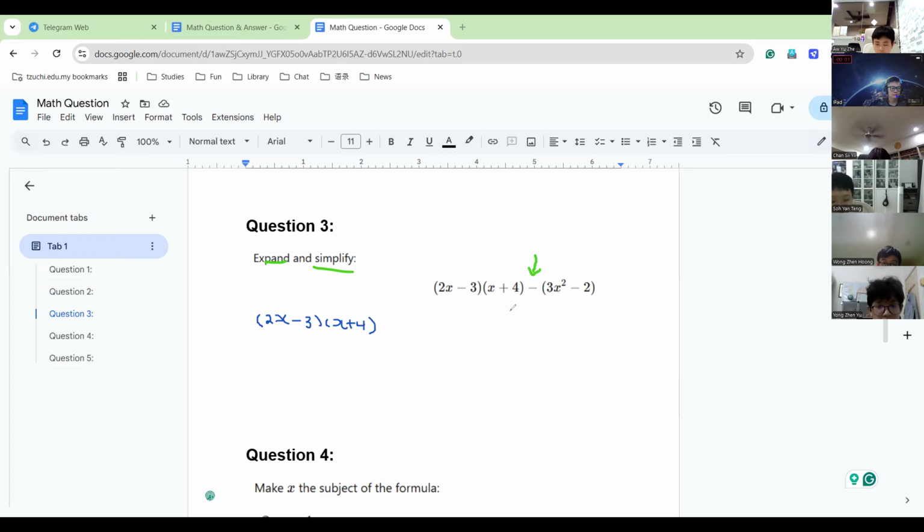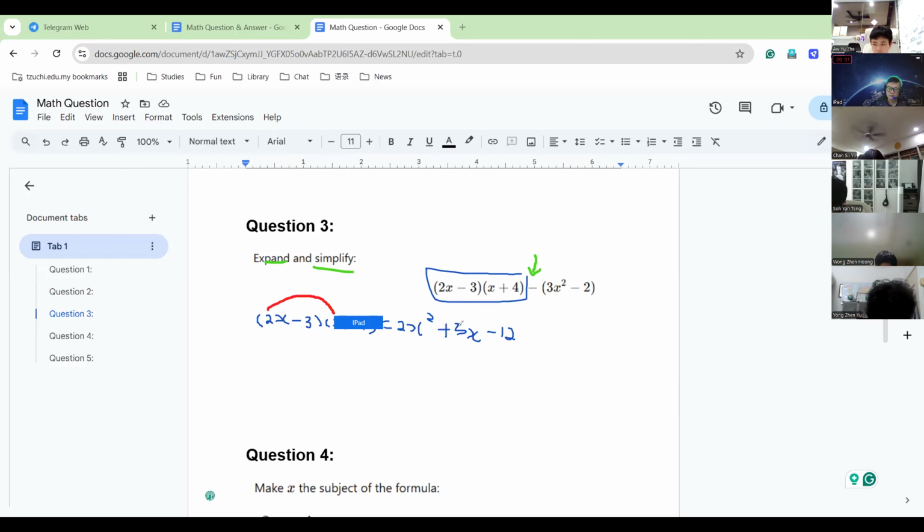So to do this question, I'll separate it first to do the first part, the times first. And then I'll expand this to become 2x squared plus 5x minus 12 by the formula.